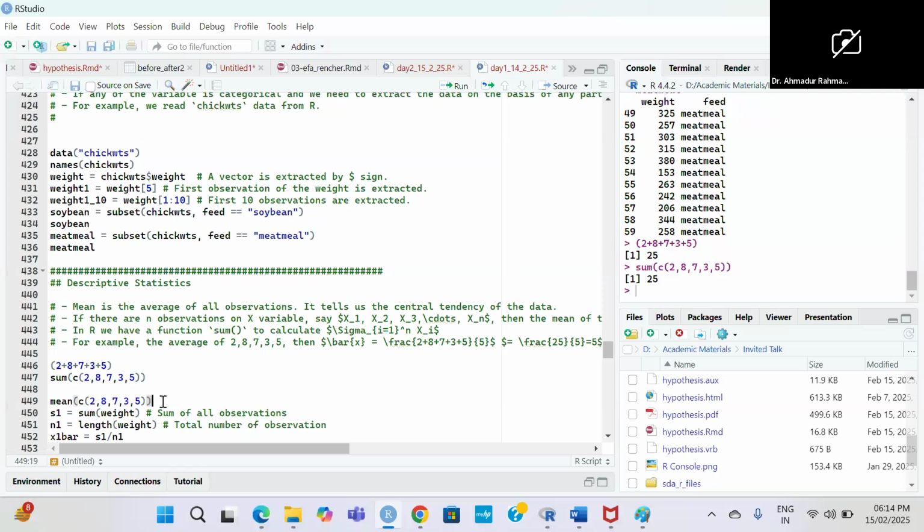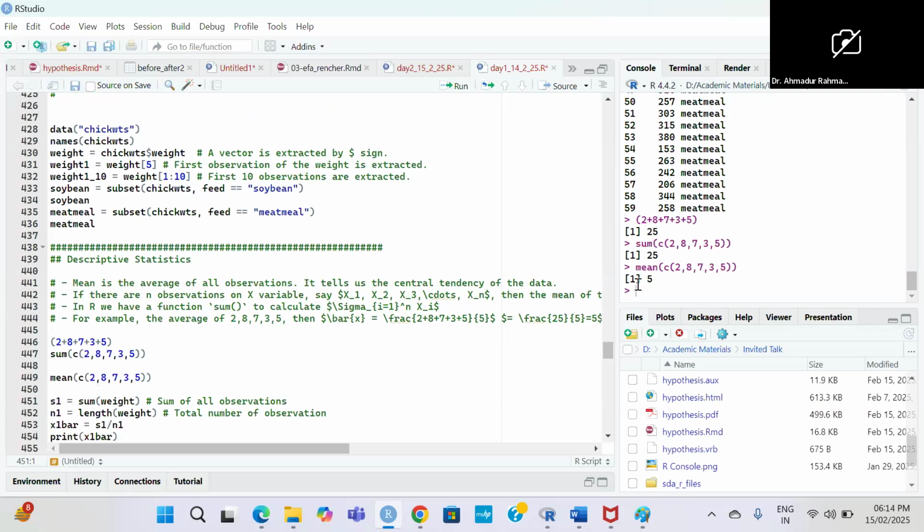Similarly we have a function mean which gives us the mean of these 5 observations, and the mean is 5. Why? Because the sum of these 5 elements is 25 and the total number of observations is 5. So sum divided by the total number of observations is called the mean or average.